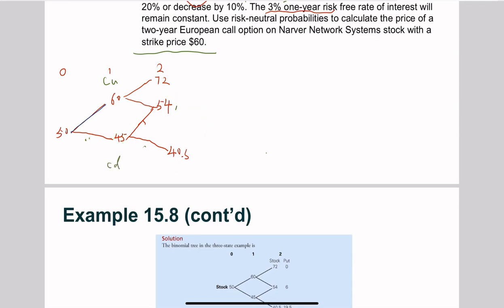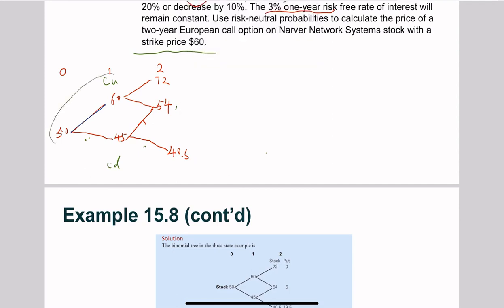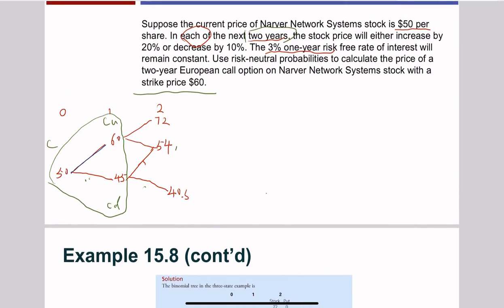And then you use these numbers, and you will finally find out this C here. But for this specific problem, you don't need to do this because it's actually more complicated. You can just use this one-step process, right? You don't really need to go back from the second year to the 1 year and then find out the price of the call.